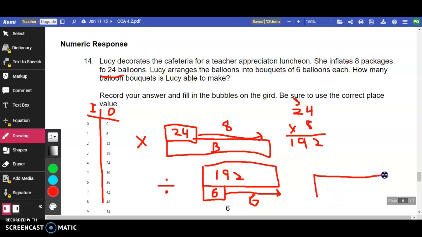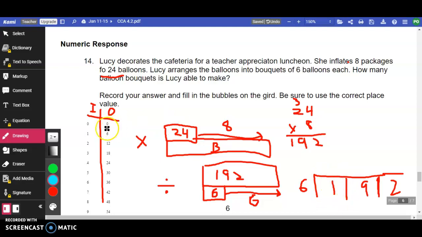So I'm dividing into groups of 6, 1 hundred, 9 tens, 2 ones. Okay. So how many groups of 6 can I make out of 1?